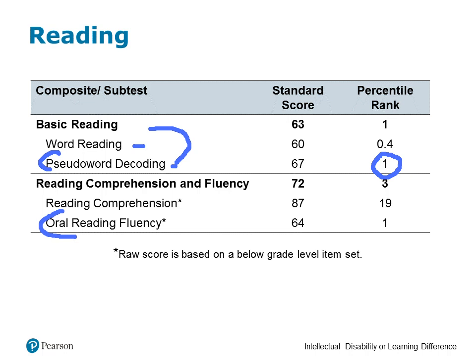So you notice that his score for oral reading fluency is pretty consistent with his score for basic reading. When you look at reading comprehension, though, his standard score for reading comprehension is within the average range. Notice I have these asterisks following both reading comprehension and oral reading fluency. And I use the asterisk to communicate to us that his raw scores for both of those subtests are based on a below grade level item set. So what does that mean effectively?